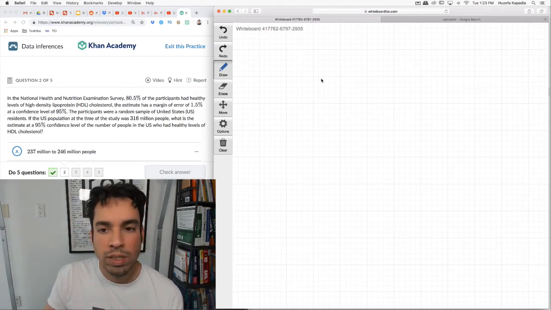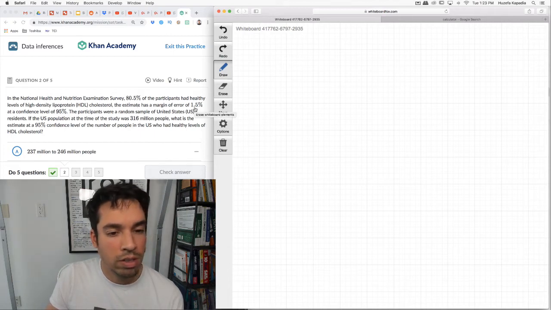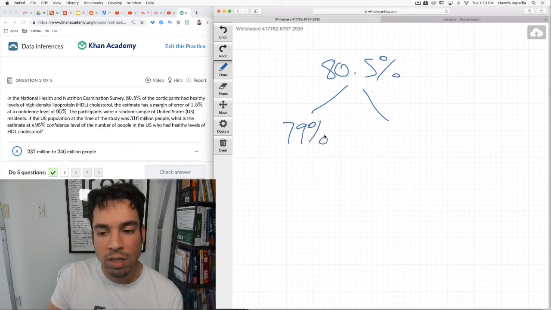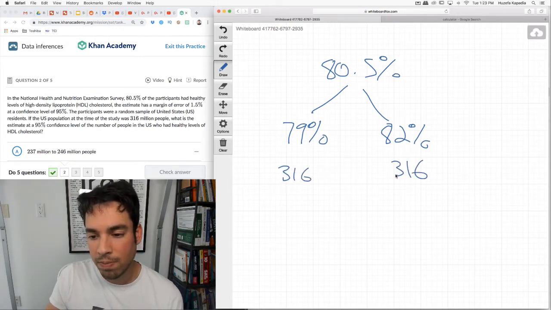So this is what we do. Let's just go ahead and use the margin of error. This is easier. So 80.5 with a margin of error of 1.5, meaning at its low end, we subtract 1.5, which is 79%. At its high end, we add 1.5, so 82%. So it's 82% and 79% of the 316.